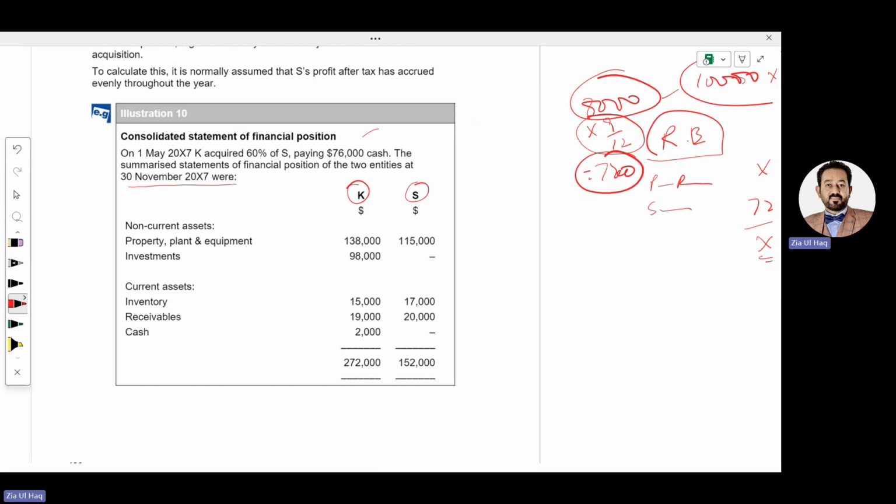When you bought S on 1st May, how many months in the current year should be consolidated? May, June, July, August, September, October, November. 1, 2, 3, 4, 5, 6, 7. 7 by 12.